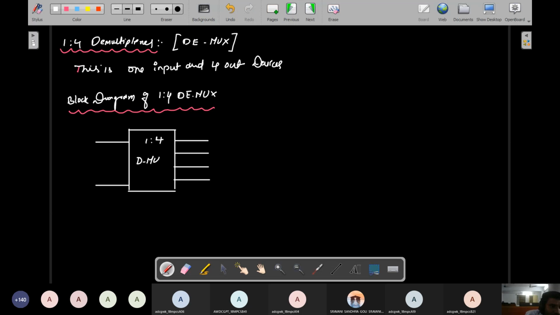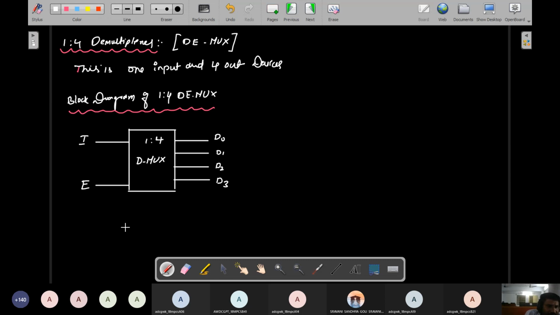This is the 1:4 demux. The input is always I, this is the enable signal E, and the outputs are D0, D1, D2 and D3. This is our 1:4 demultiplexer block diagram.